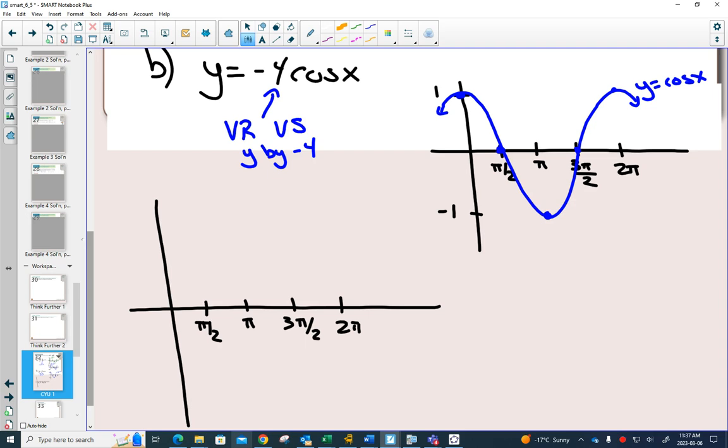But now, instead of starting at the point 0, 1, if I multiply my y values by negative 4, does it make sense that I would have 0, negative 4? My minimum now becomes negative 4. When I multiply by 4, my maximum will now become positive 4.